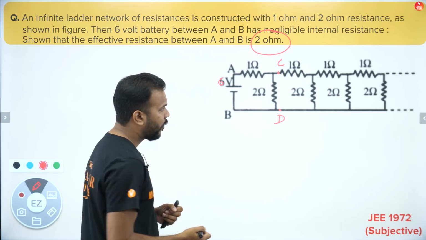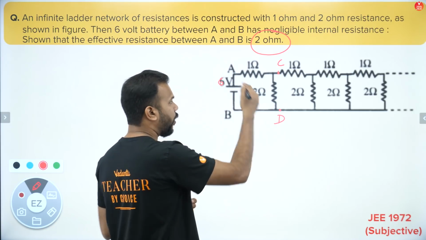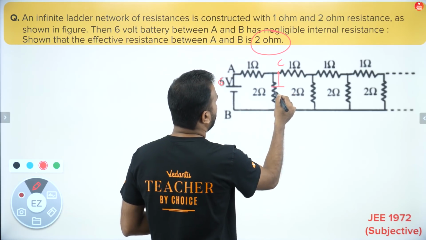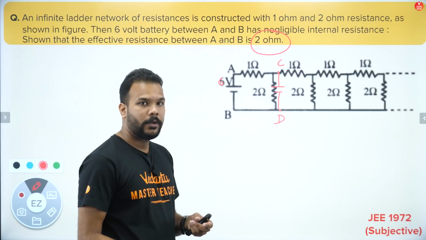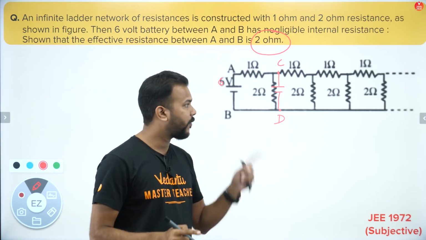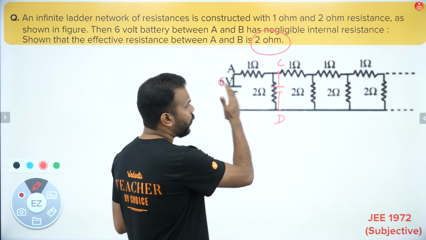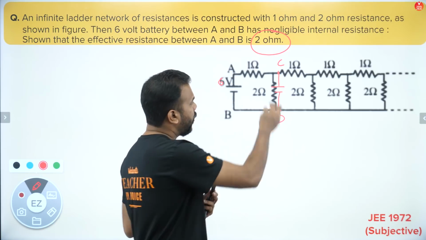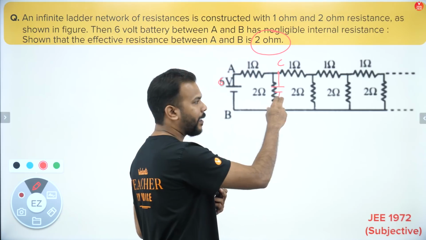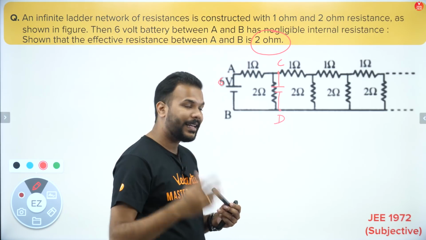That simply means if I remove A and B and put the battery here, then also the value of the equivalent resistance should not change. That's basically the whole idea of finding the equivalent resistance for an infinite ladder. If you leave the first repetition and consider any 2 points and connect the battery there, the circuit is effectively the same. So the equivalent resistance will still come out to be the same.